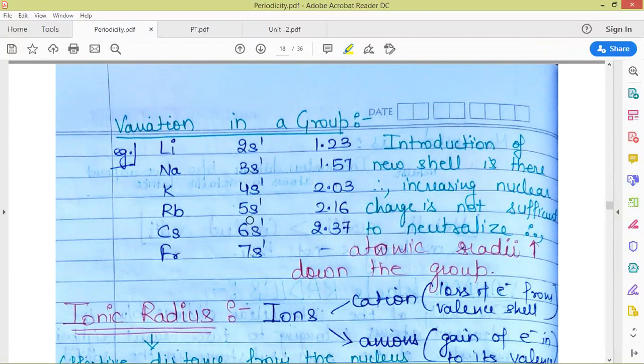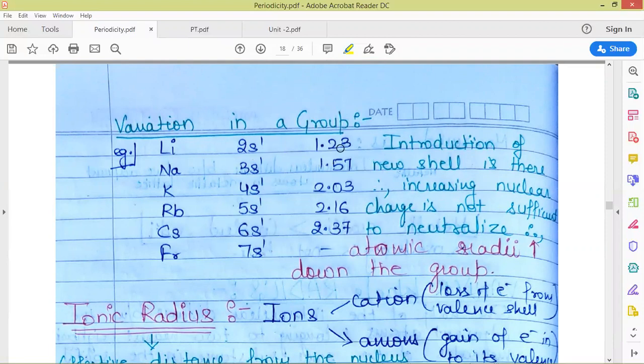The shell number is increasing as we move down the group. So there is introduction of a new shell and nuclear charge is also increasing. So also we have calculated the value of Z effective. These are the atomic radii, and atomic radii is increasing as we move down the group.